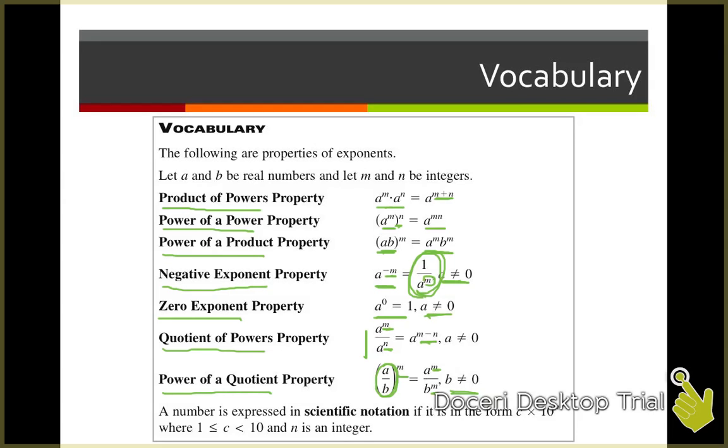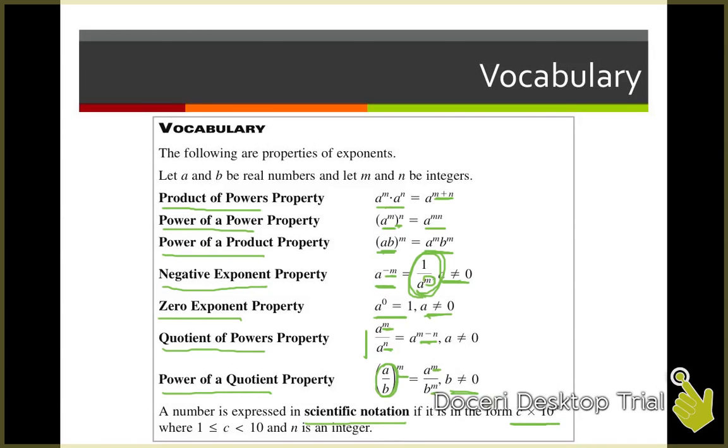Okay, and then the other thing in the vocabulary here is scientific notation. And it's just reminding you that in order to be in scientific notation, we want to rewrite our number in the c times 10 to the n form.